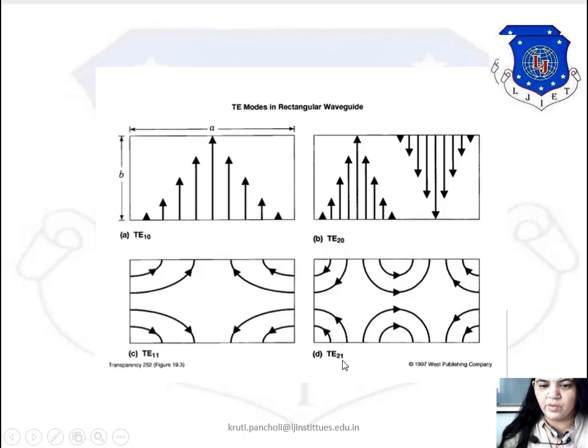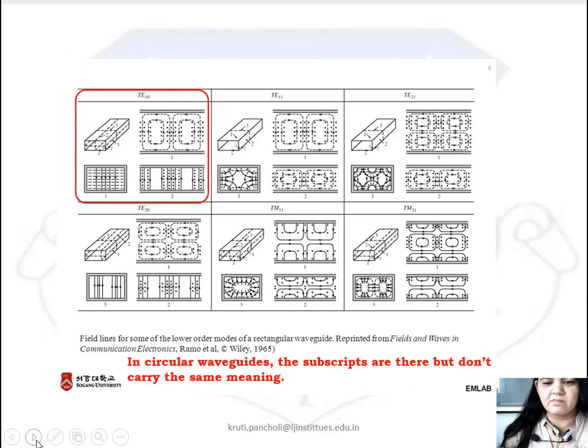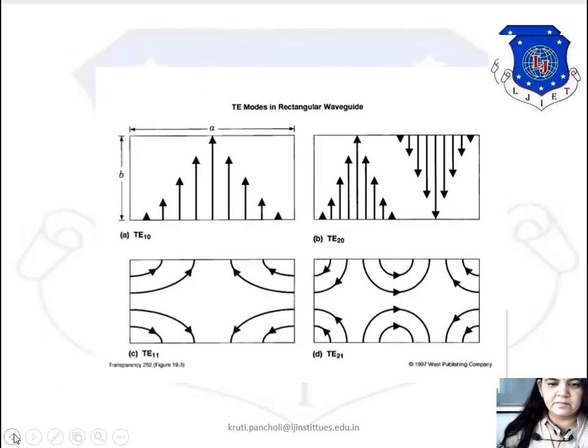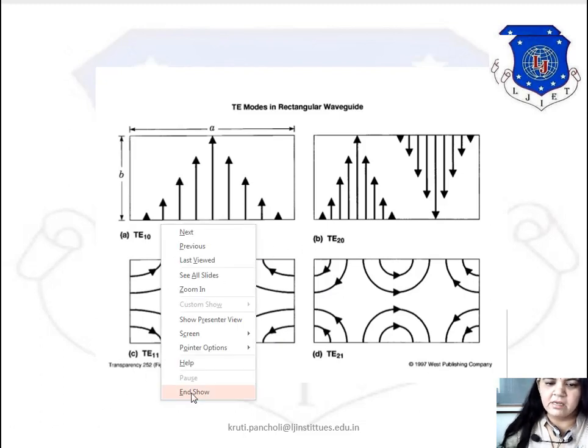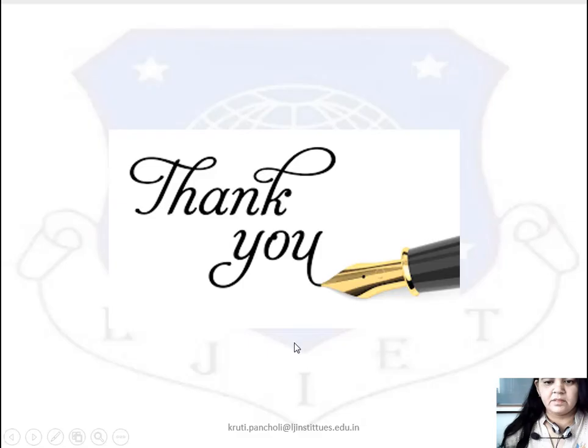So for TE21, you can see this is the variation, and over here again you can see the variation. This way you can see all the diagrams. So here are the TE modes in the rectangular waveguide, which we can see carefully.